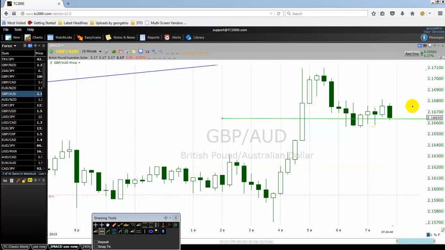Okay, so we are now in this trade at 21663. For this trade, I will use 25 pips. 25 pips, not bad, isn't it?